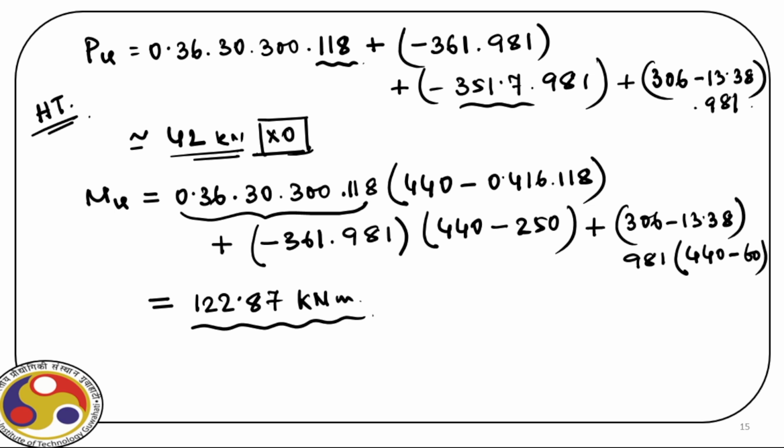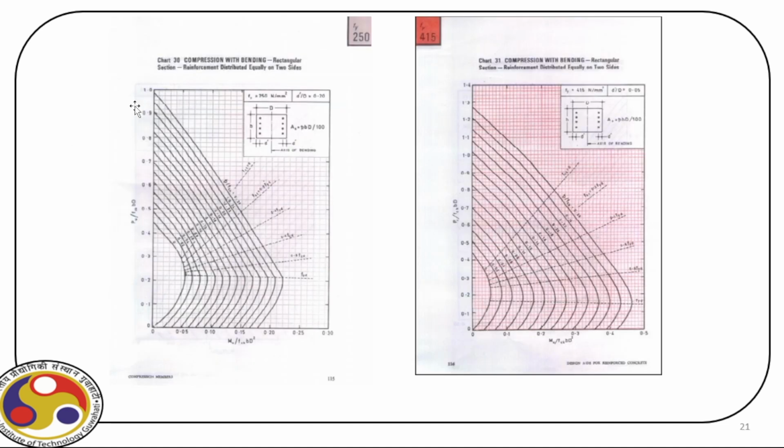Now before we close here, let me show you the interaction curves that are provided in SP16. As you can see here, these are the interaction curves, and here you can see it is PU divided by fck bD, and here in the x-axis you have MU by fck bD square.